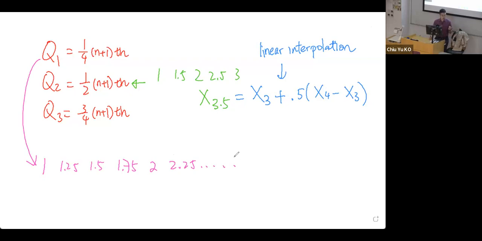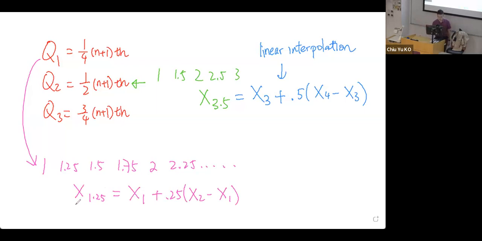So when you get the position like 1.25, say, what you're going to do is x1 plus 0.25 times (x2 minus x1). You start from x1, the smaller one, and go 1/4 of the distance between the two.